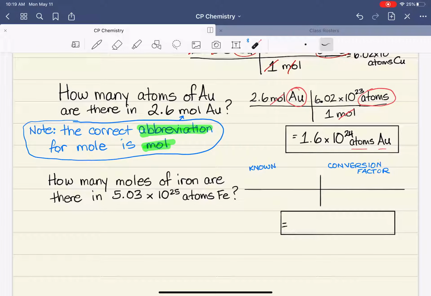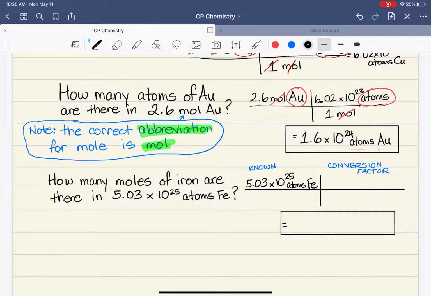So let's try this one. How many moles of iron are there in 5.03 times 10 to the 25th atoms of iron? All right, let's work that out. In our known position, we're going to put the value that we know. We know that we have 5.03 times 10 to the 25th atoms of iron.